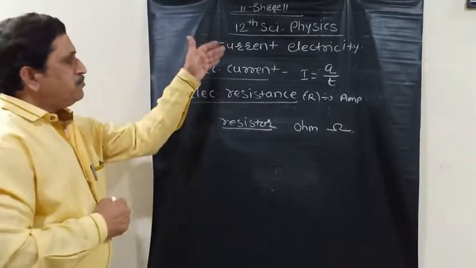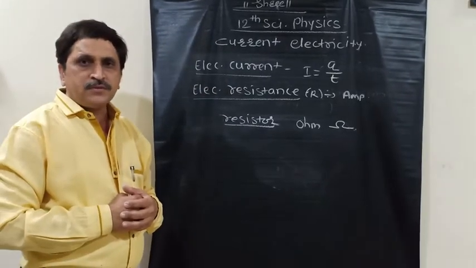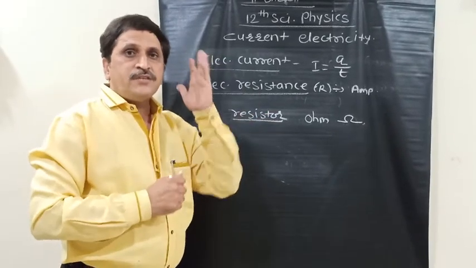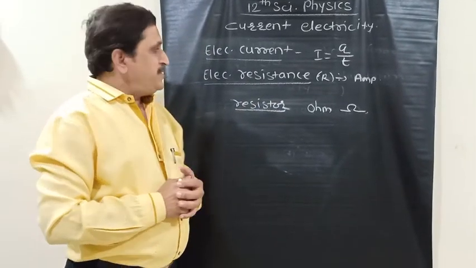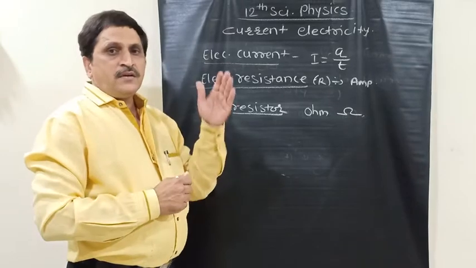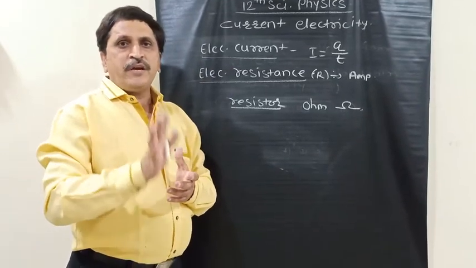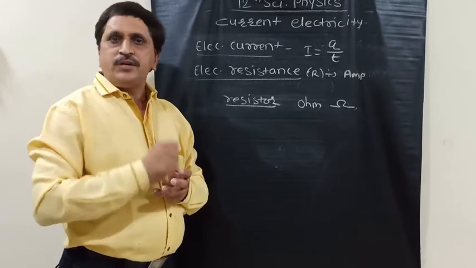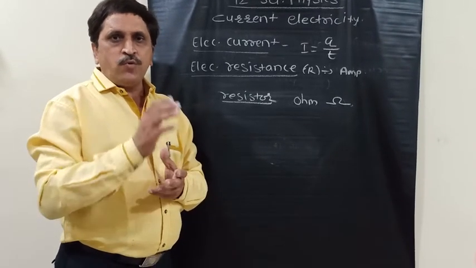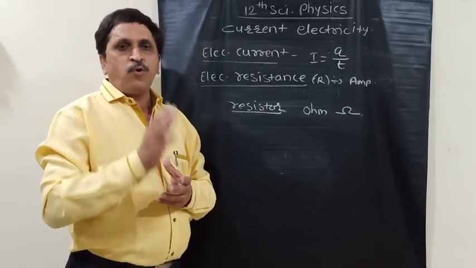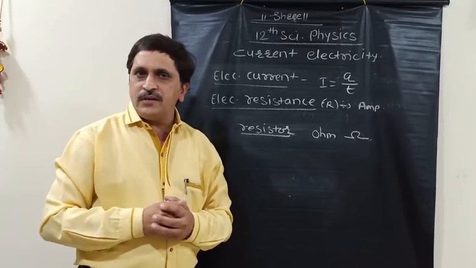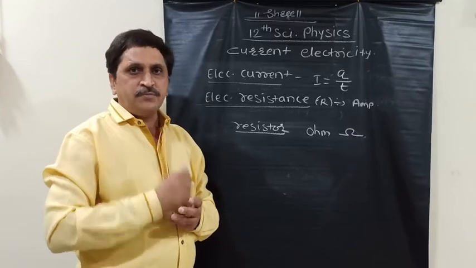Now this is about some basic terms related to this chart. Now one more thing: how can we say that electric current is flowing through the conductor? Basically we know that every substance is made up of atoms. In an atom, at the center the nucleus is there. In the nucleus, nucleons, that means protons and neutrons, are there. Protons are positively charged particles and neutrons are chargeless particles.